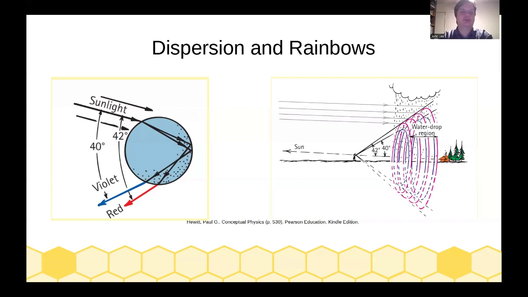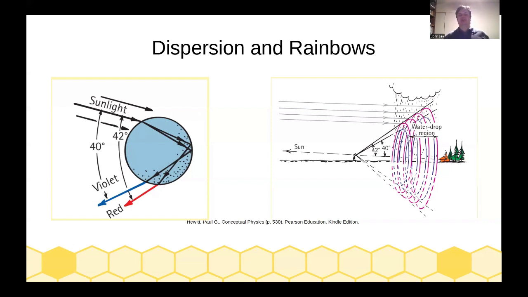For example, with raindrops, if you have sunlight coming into a raindrop at a certain angle, then it is generally going to come out of the spherical drop scattered at different angles. So the violet light will be scattered from its initial sunlight beam at an angle of 40 degrees, and red light will be scattered from its initial sunlight beam at an angle of 42 degrees.